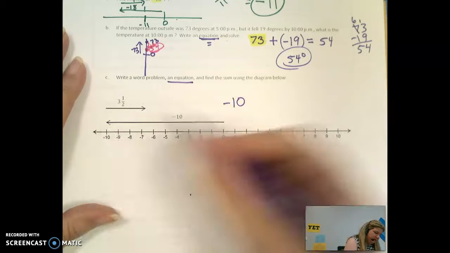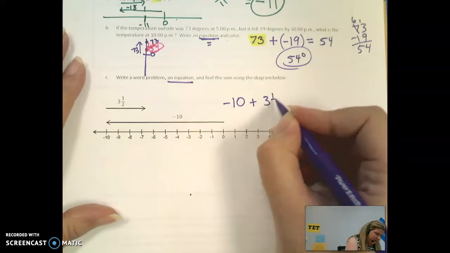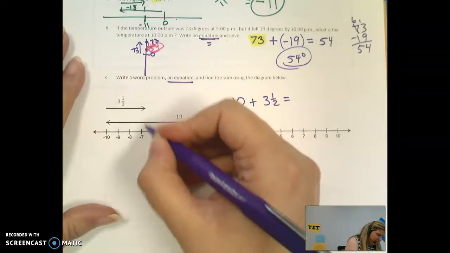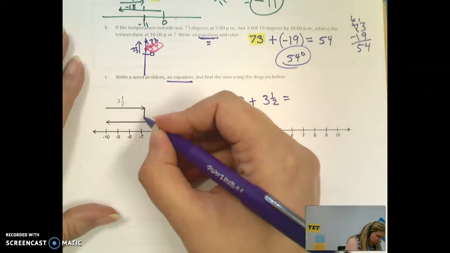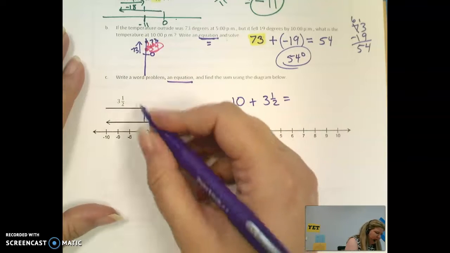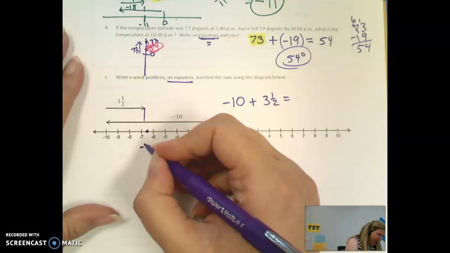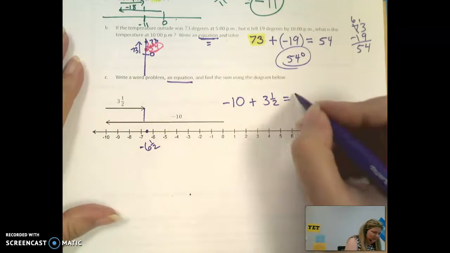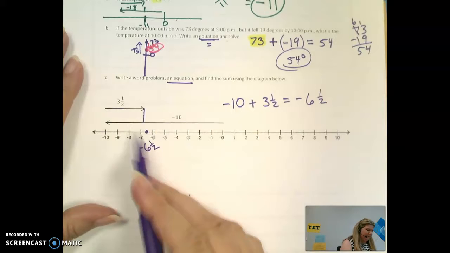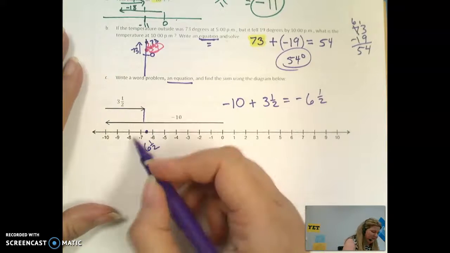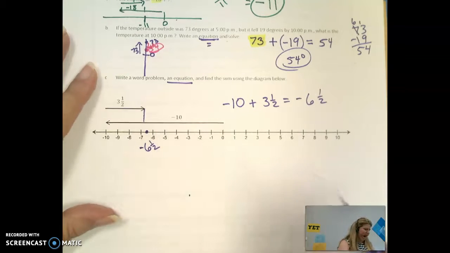From there, adding 3.5, and I'm ending at, should be right there, -6.5. I almost said -7.5. You have to really think about what you are between here.